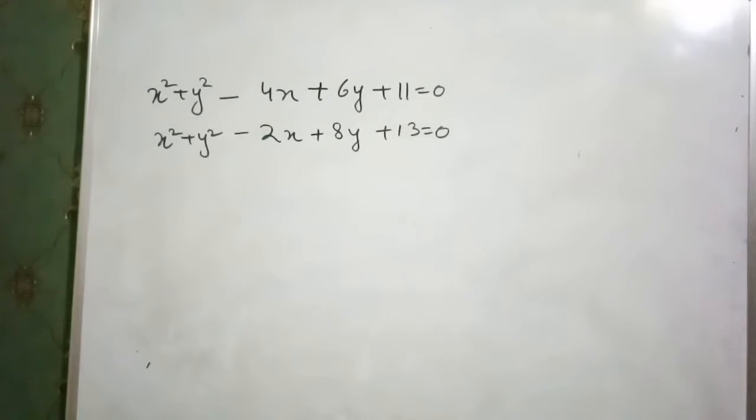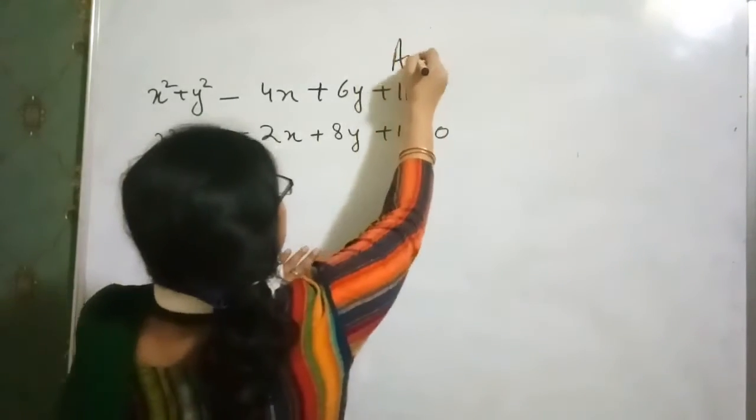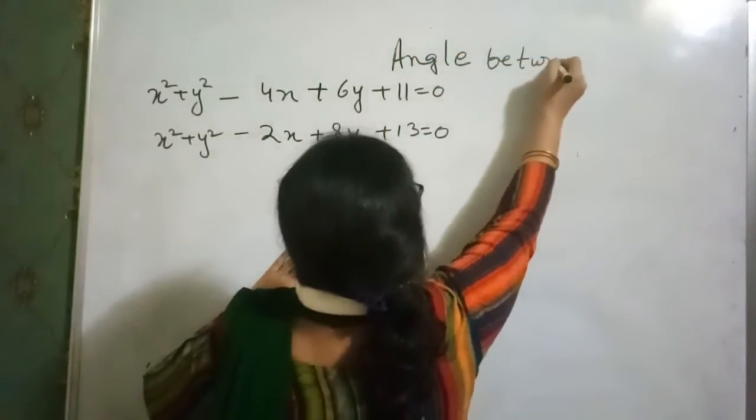Now the next question, we have the equation of two circles, and we have to find the angle between these two circles. I am going to explain how you will find the angle between two circles.